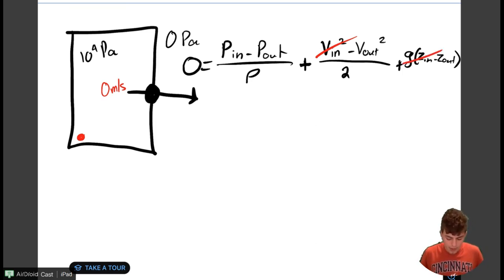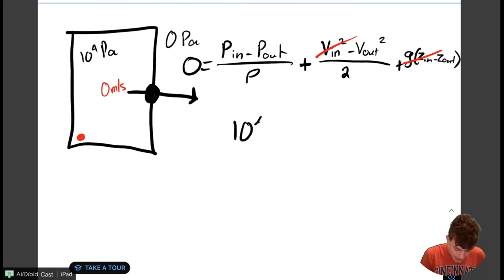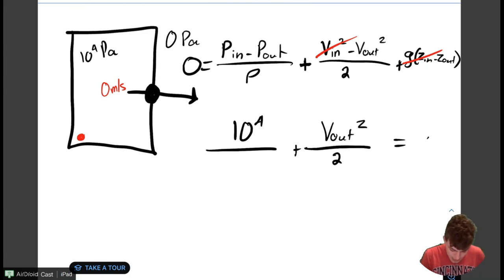So what we are really looking at now is the change in pressures, which we have already said is 10 to the 4th pascals, over rho of air plus V out squared over 2 is going to be equal to 0, right? Technically, it doesn't matter whether you have this sign as plus or minus, because that will cancel itself out algebraically anyway.